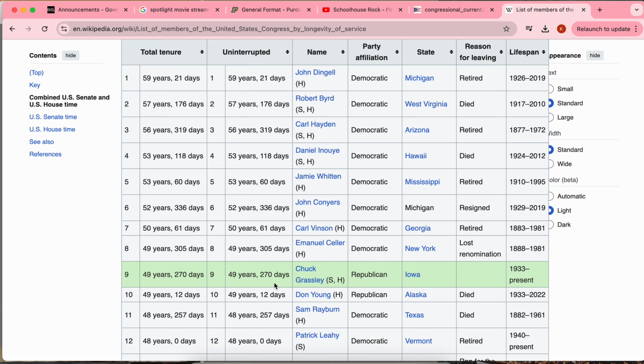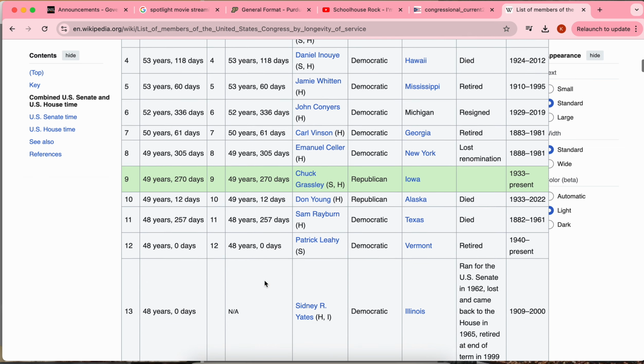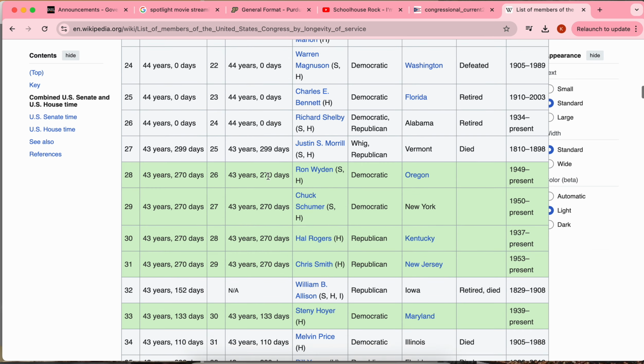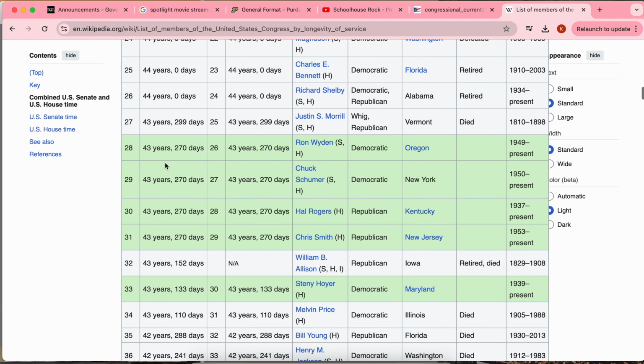This man has been elected every 2 to 6 years for 50 years. Ed Markey, nearly 48 years. Ron Wyden, Chuck Schumer, 44 years, basically.